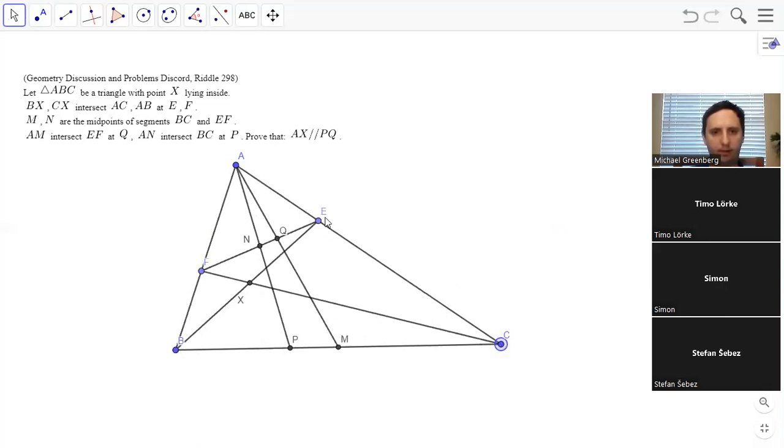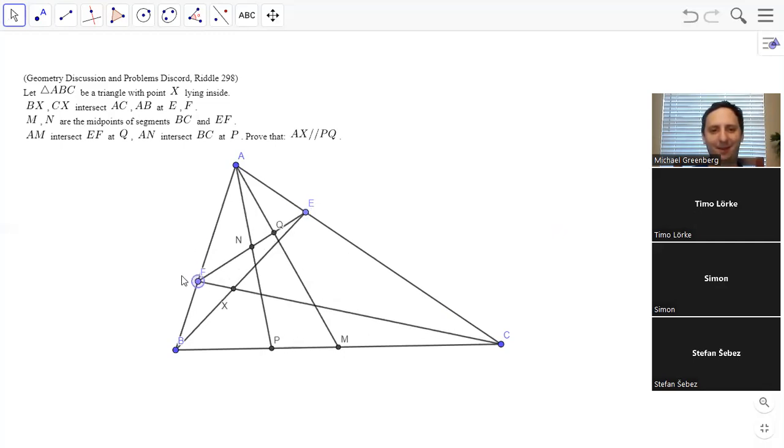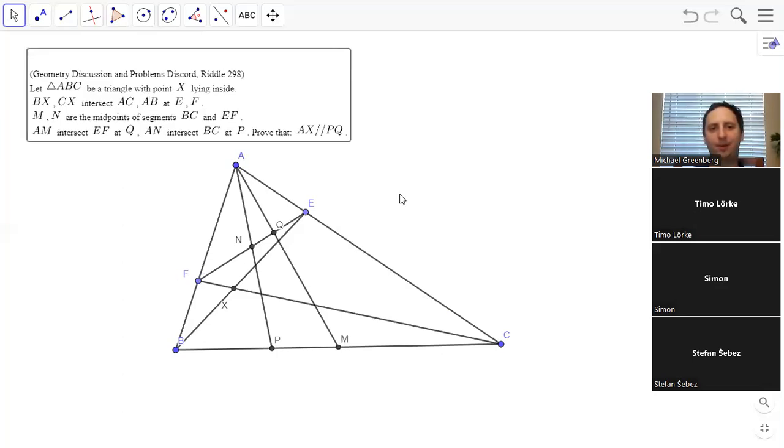Make this look less isosceles. So yeah, maybe something like that. Now X almost looks like the orthocenter. So yeah, you can't get everything perfect, but I kind of like that. So yeah, it looks like a simple problem, doesn't it?